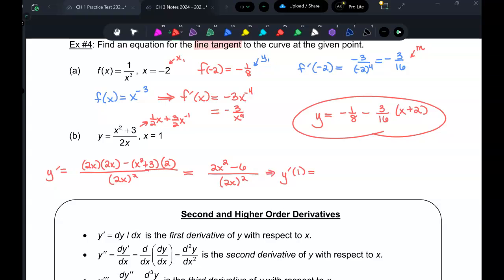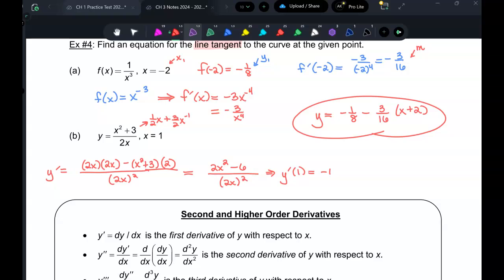Okay, so taking that derivative and plugging in 1, that will give me my slope. Well, what happens if I plug in 1? I'll just get -4 over 4, which is -1. You see how easy it was not to have to worry about simplifying and just plug it in. You'll be less likely to make mistakes there.